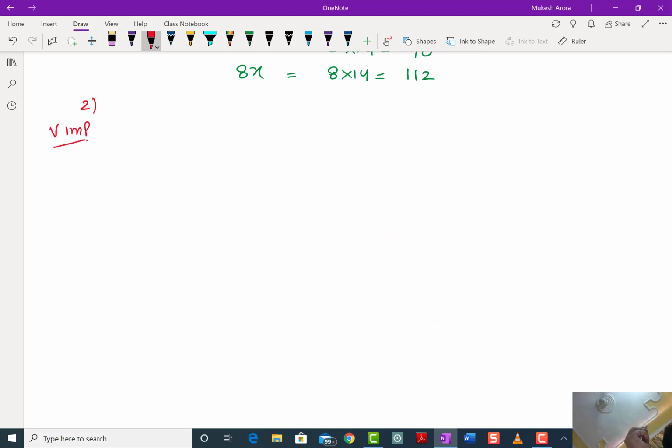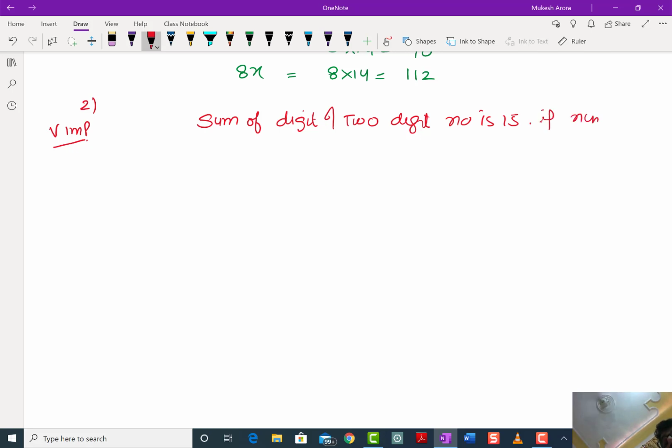Sum of digits of a two-digit number is 15.